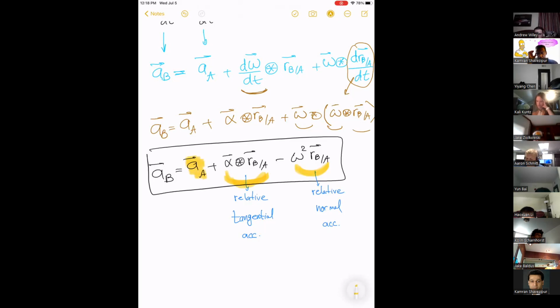Because remember, from the perspective of A, B has pure rotation. So you're going to have tangential and normal acceleration.